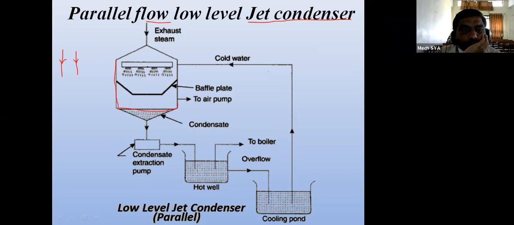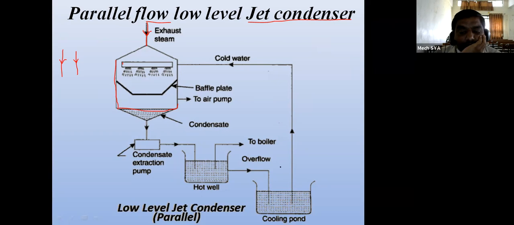Now here the exhaust steam is flowing in this direction, from top to bottom, in the downward direction. And we are taking the cold water maybe from the cooling tower, cooling pond or river.